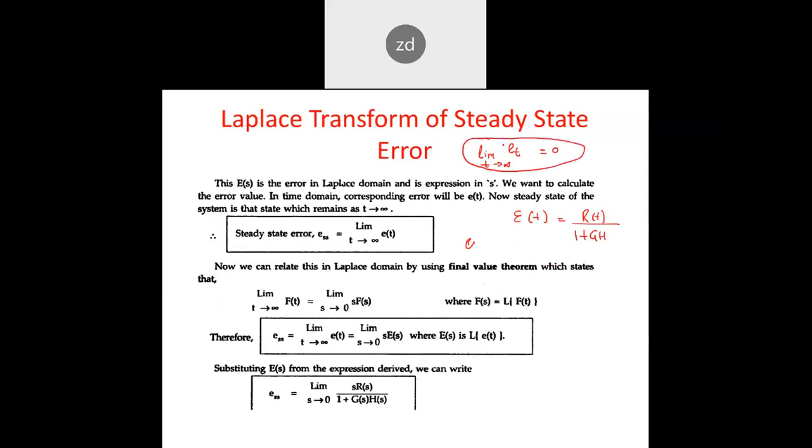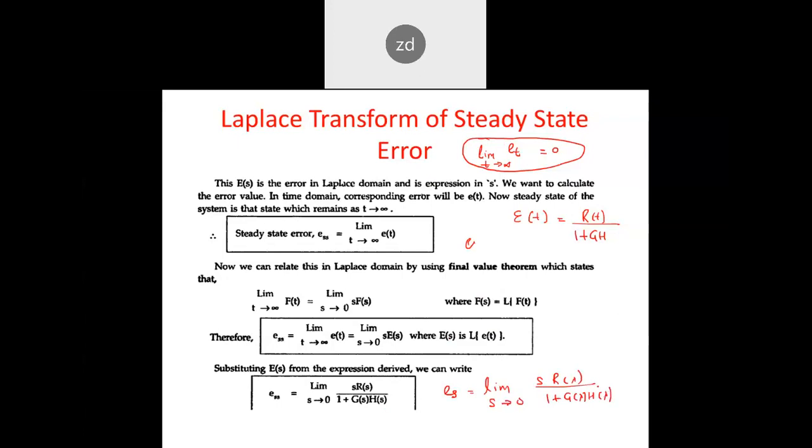For that, you can revise the previous lecture of the transient response analysis. Converting the same into the Laplace domain, we get E of s equal to limit s tends to 0 of s R of s by 1 plus G of s H of s.